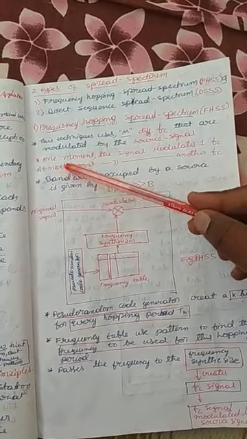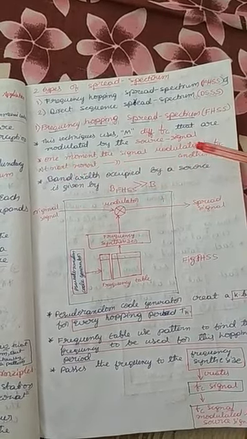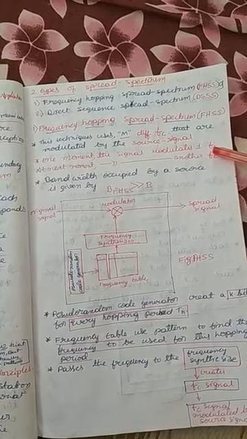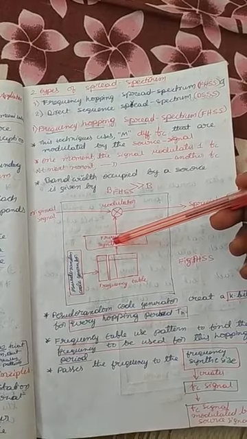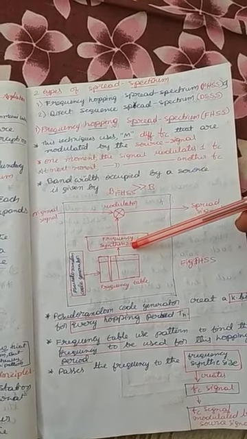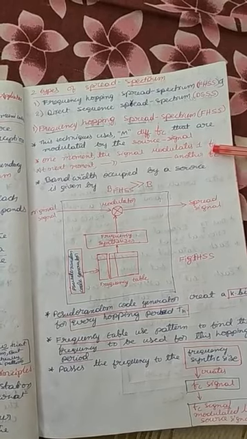How does it happen? At one moment, the signal modulates only one carrier frequency.